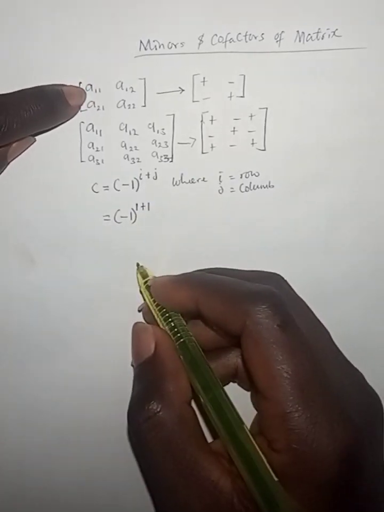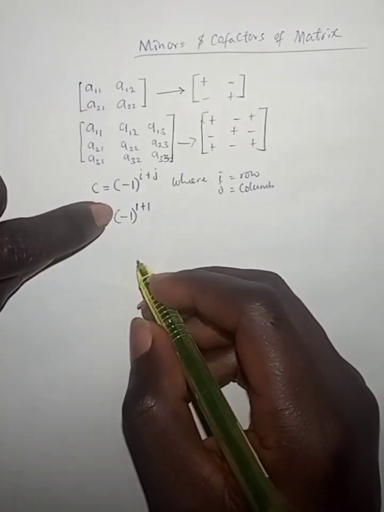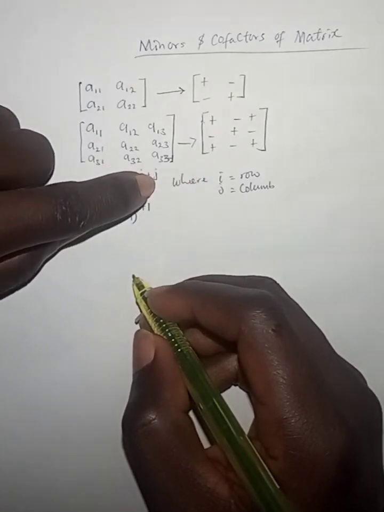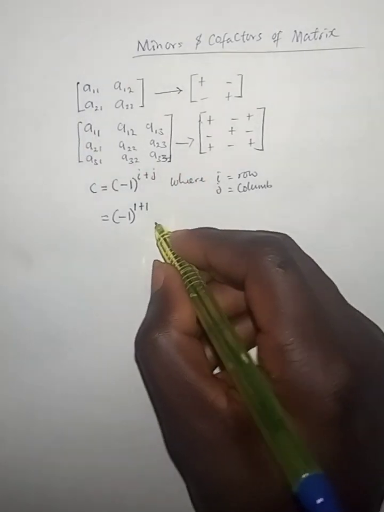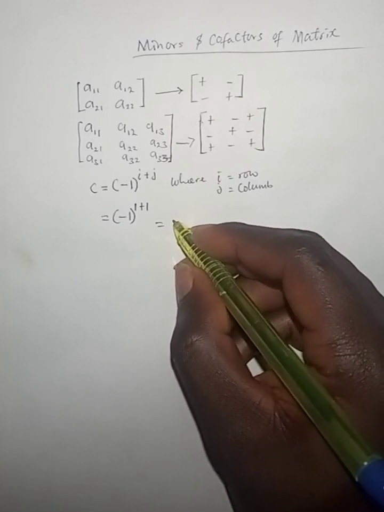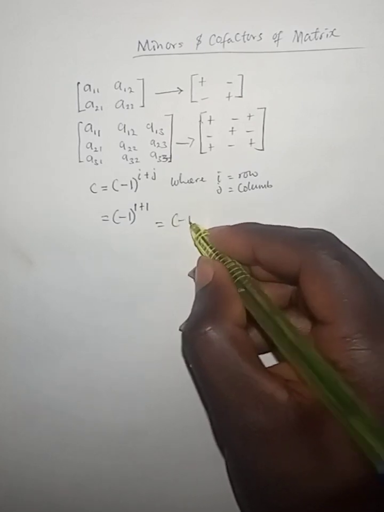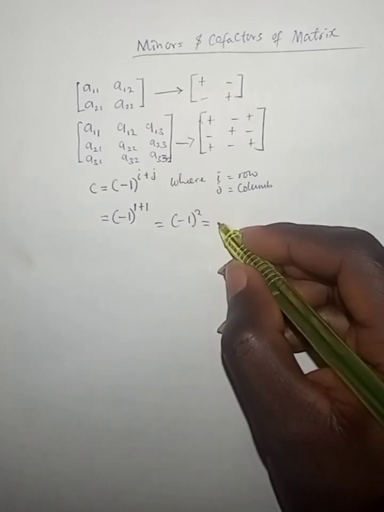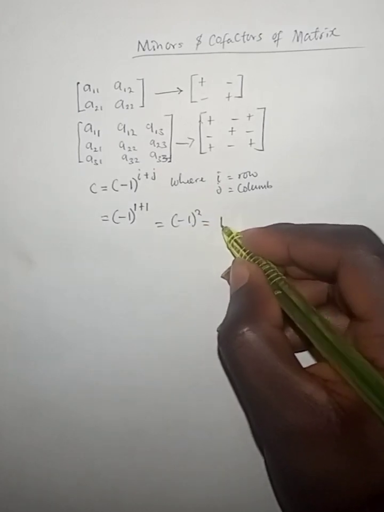It is in row 1 column 1. That's why we're having 1 plus 1, i row, j column, which is going to be equal to -1 squared, and -1 squared is plus 1.